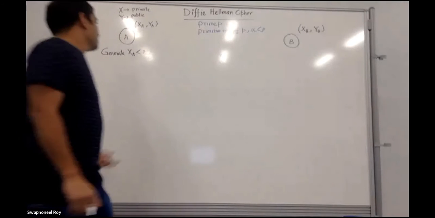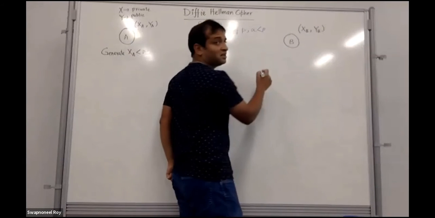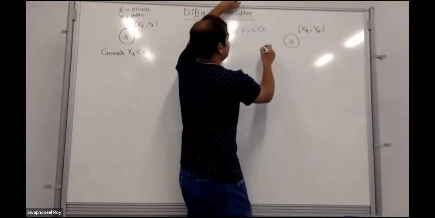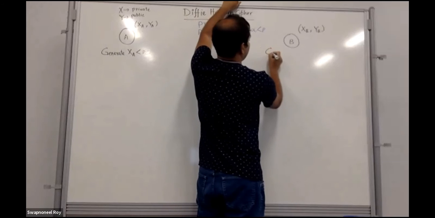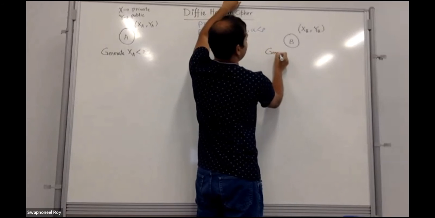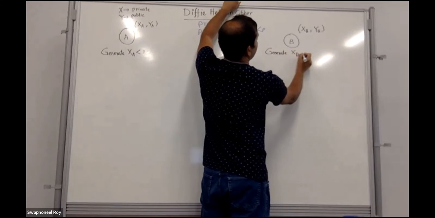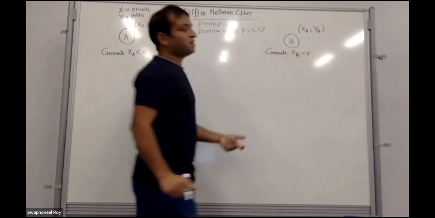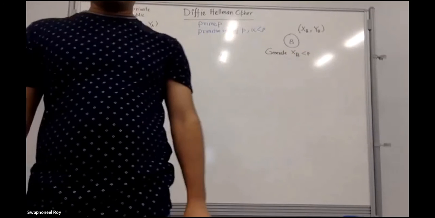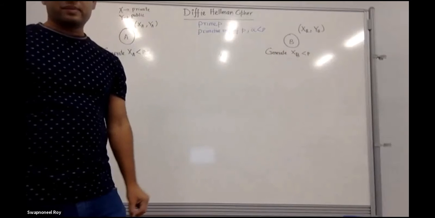Now, similarly, simultaneously, Bob generates his private key XB, again less than P. And of course, the private keys are to be kept secret.